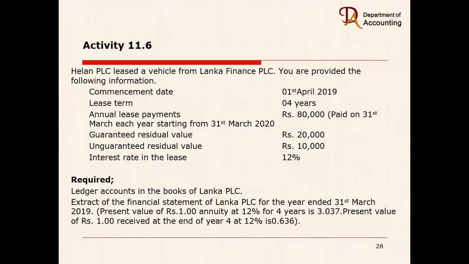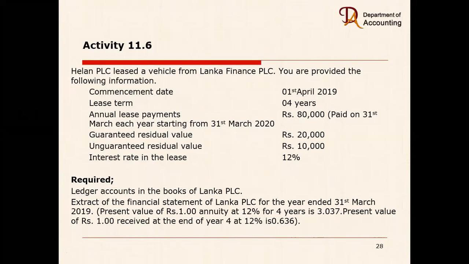Okay, let's provide this and also the extracts of the financial statements. So we may do that. And to make your life easy, the present value of annuity factor is given. The annuity is a kind of fixed payment for a fixed period of time. The lease payment is 80,000 for a period of 4 years, so 80,000 at the end of each period.